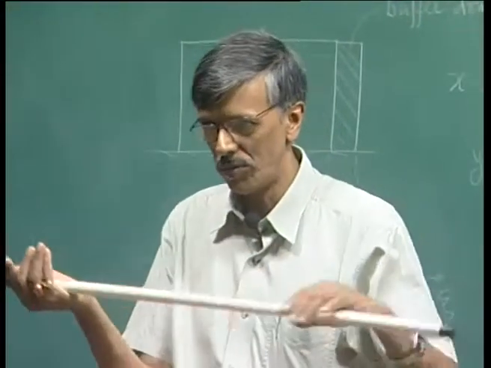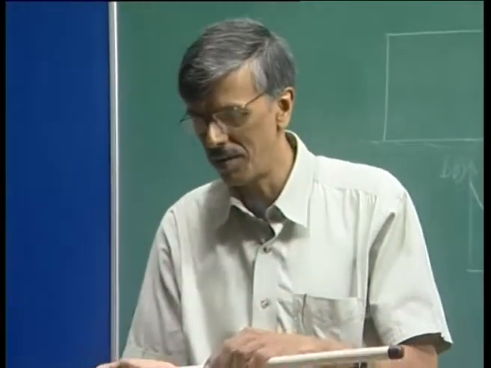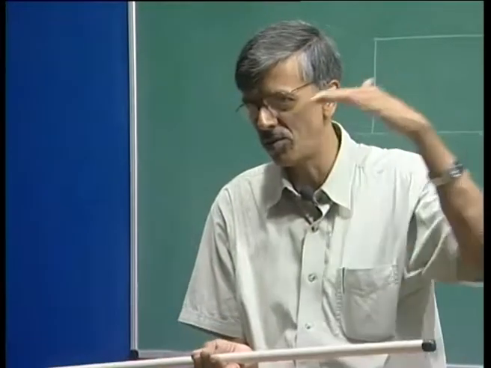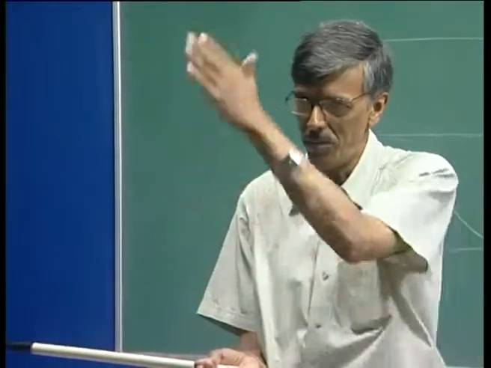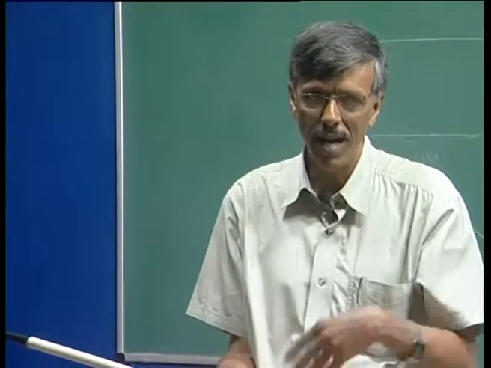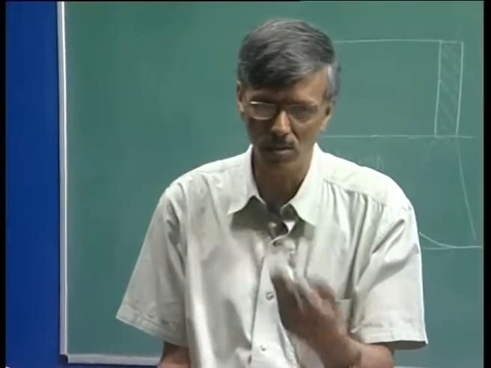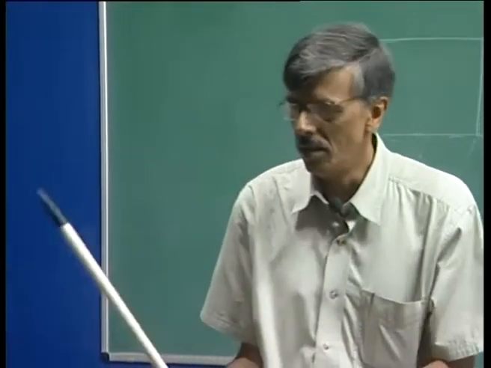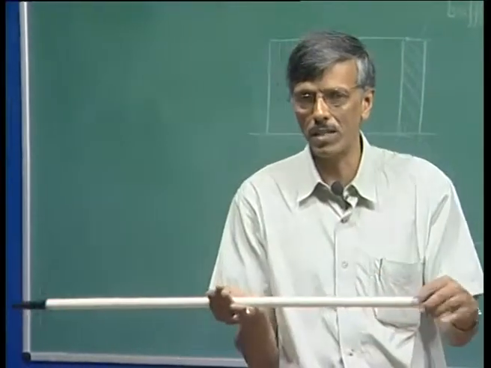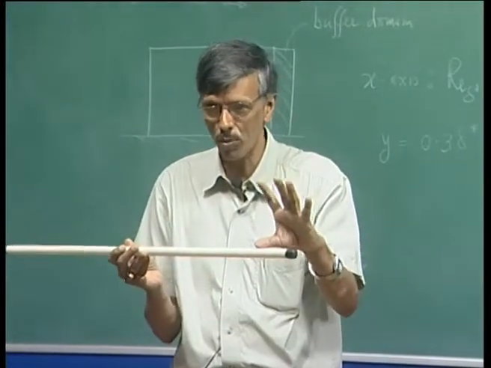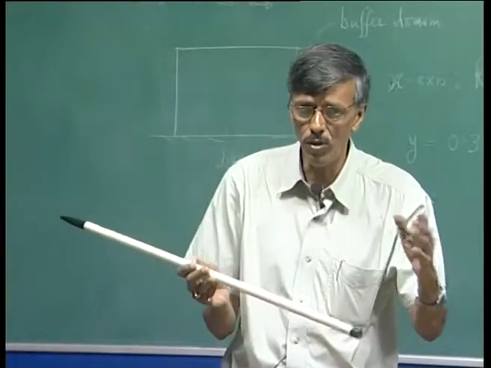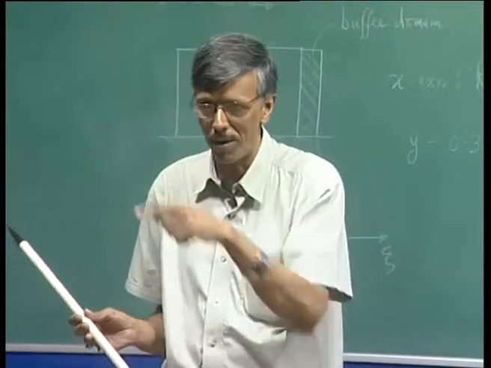The Couette flow, the shear driven flow, where I have flow between two parallel plates, top plate moving, bottom plate stationary, that flow profile is a linear profile, and you can do the stability analysis and you will see that it is stable. The other example is flow inside a rectangular channel, which is called the Poiseuille flow. The velocity profile is parabolic.